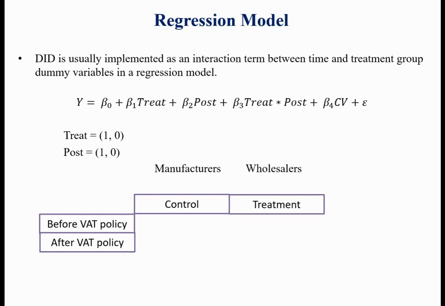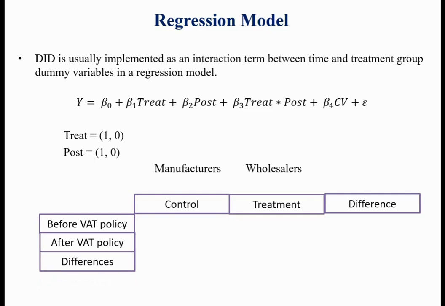The change in policy was made by the government, but at the end of the day, firms are affected. So we want to see the impact. Our interest is in the difference between the manufacturers' and wholesalers' revenue, as well as the difference in timing, that is before the VAT policy and after the VAT policy.